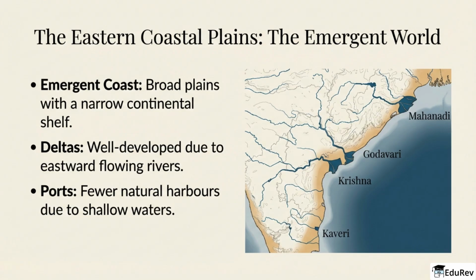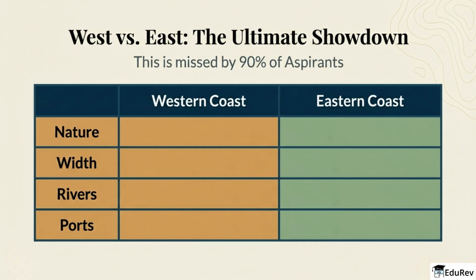Remember the rivers on this coast? Mahanadi, Godavari, Krishna, and Kaveri. They are not just rivers, they are delta builders in the UPSC logic. Now put west and east side by side, because this comparison is missed by a large majority of aspirants. Western coast is submerged and deeper, so it stays narrow.